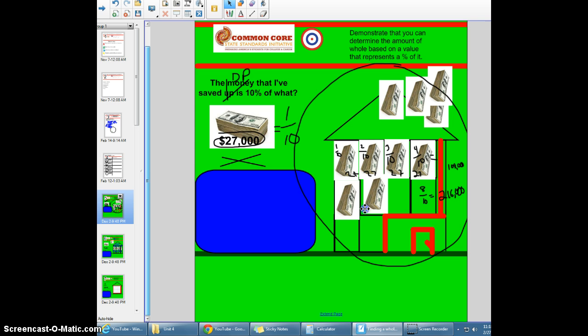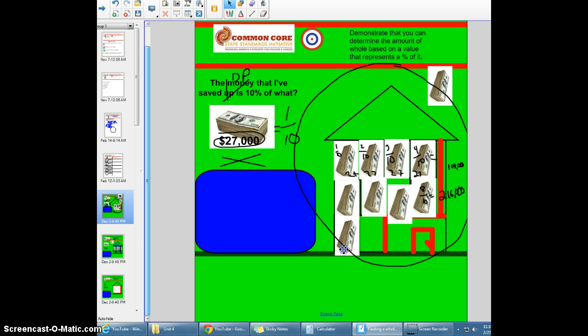5/10, 6/10, 7/10, 8/10, $216,000. Let's take the 9/10 and the 10/10. Now we have 10/10. But let's add another $27,000 twice. 216,000 plus 27,000.